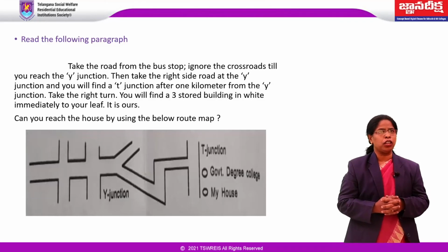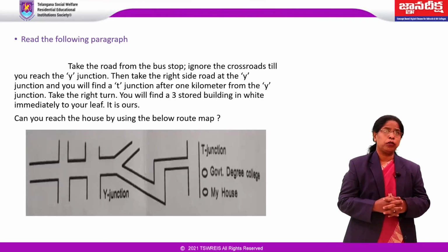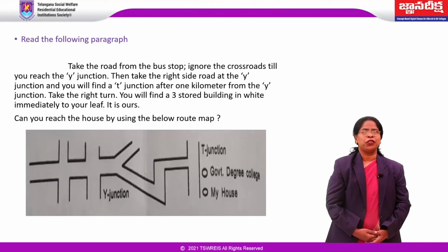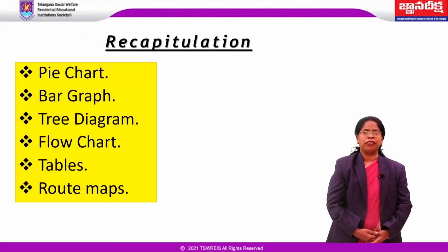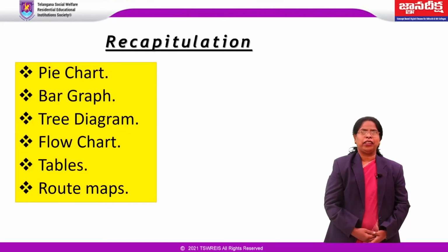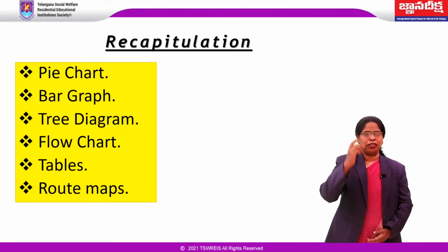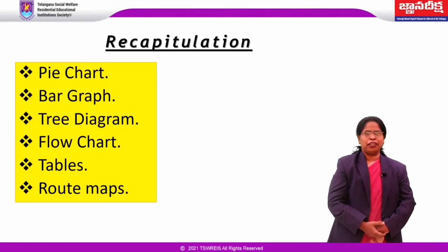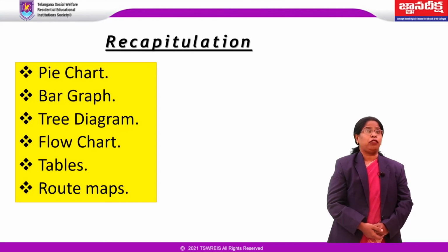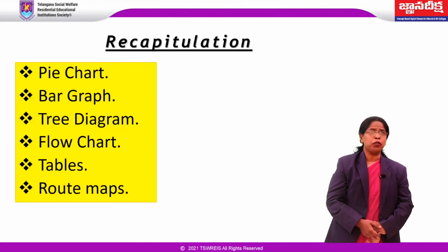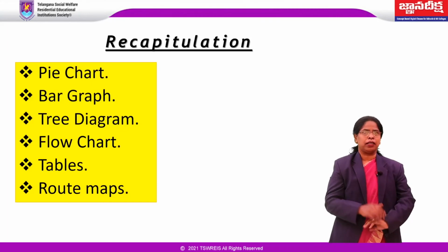Can you reach the house by using the below route map? Dear students, now we have concluded everything we have been discussing and interacting about, isn't it? Now, let us have a recapitulation. It is very clear from the pictures and from the text that they gave us the information to be transferred from verbal to non-verbal, that is, from diagrams to text and vice versa.